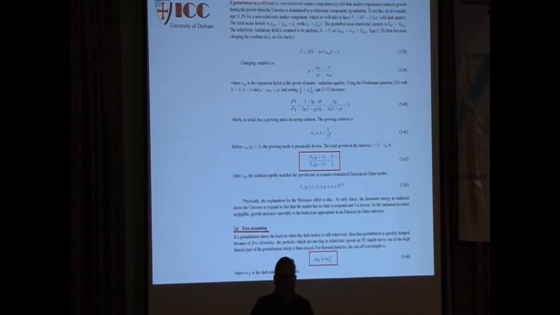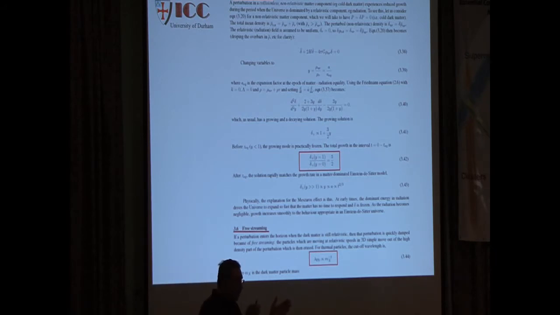Now, there was some discussion yesterday, so let's go back to dark matter for a minute, and to cold dark matter. And cold dark matter experiences a process known as the Meszaros effect, which happens during the time when the universe is dominated by radiation. So what happens here is that if you imagine a perturbation that's bigger than the horizon, as we said earlier, it's growing in proportion, say during the radiation era, proportional to a squared.